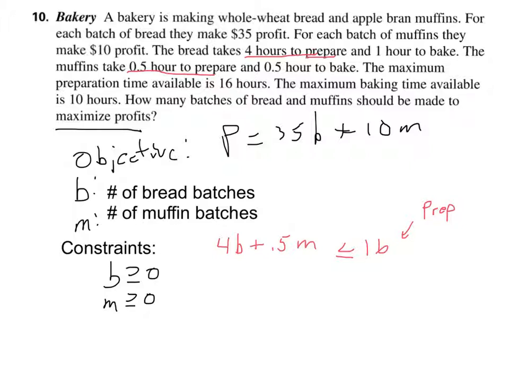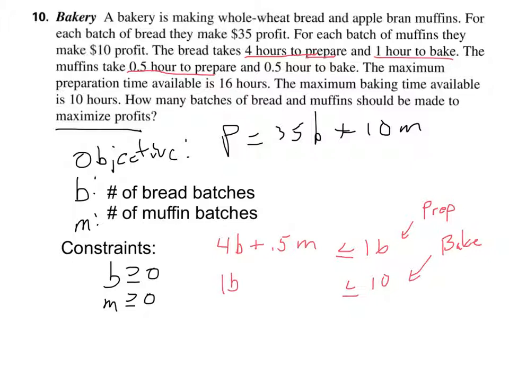The second constraint that's listed in the problem is my bake time, because I only have probably one oven, and I have limited space for baking. So the maximum amount of time that I have to bake in the problem is 10 hours. And for baking the bread, it takes 1 hour.